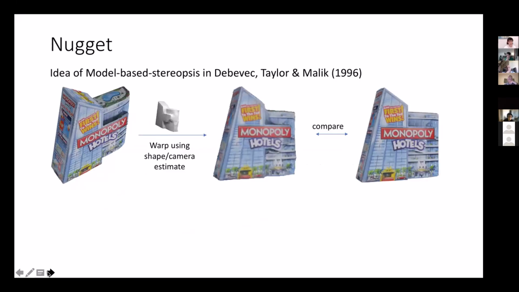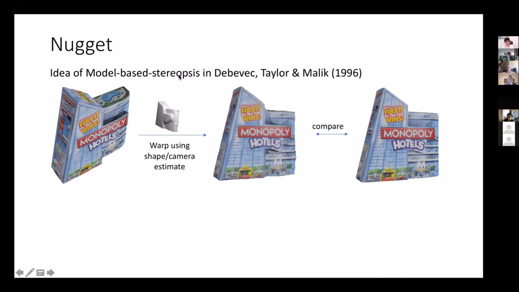So what we did here was something old and something new. The old idea here is an idea called model-based stereopsis. This is from a paper we wrote like 25 years ago. Okay, so this is presented at SIGGRAPH, Debevec, Taylor, and Malik, 1996.